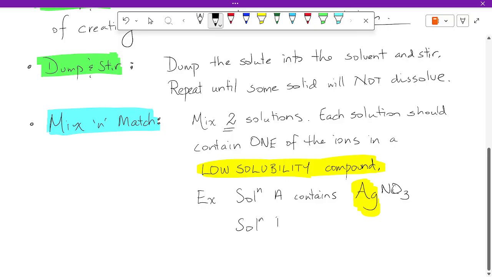contains... Can anything, tell your partner what you think perhaps solution B could contain. If you're looking at your data booklet, you are on the right track.